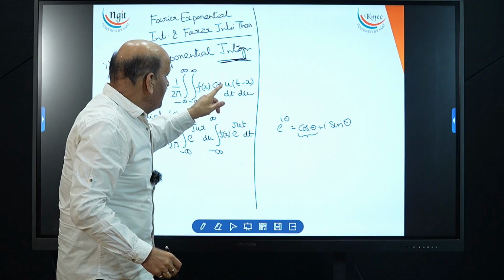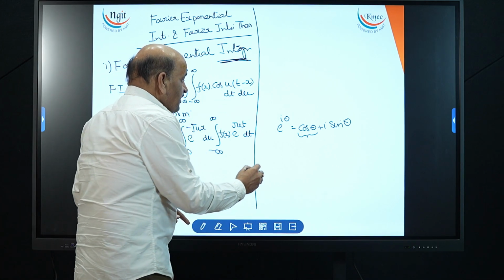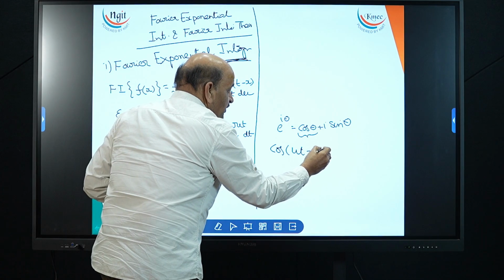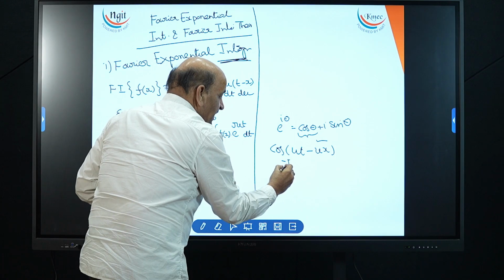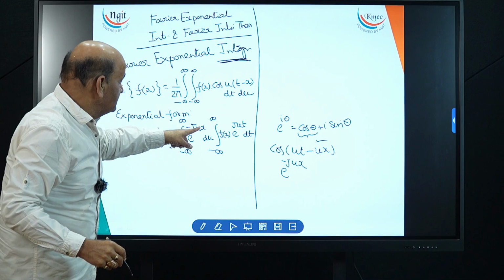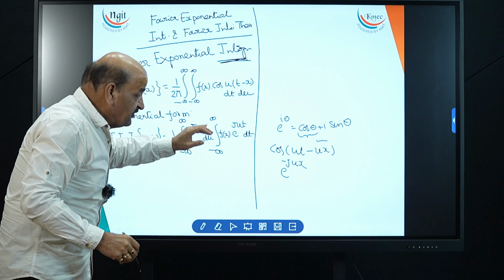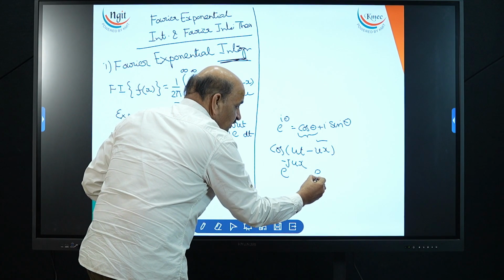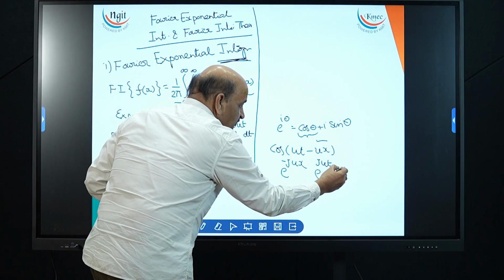Now, cos u of t minus x becomes cos ut minus ux. This can be written as e power minus j ux with respect to the variable du. The second one is ut, so once it is negative, no need to keep negative. Next, positive j ut with respect to t only.